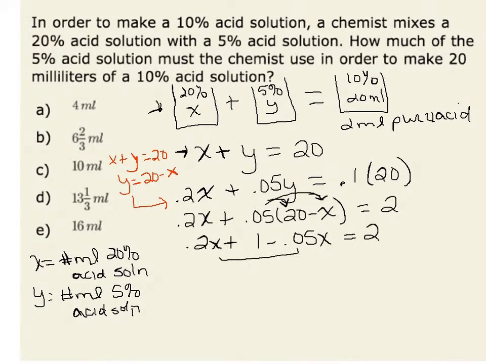Combining like terms, I have 0.2x minus 0.05x, which gives me 0.15x plus 1 is equal to 2.